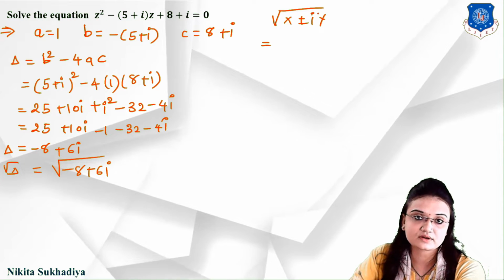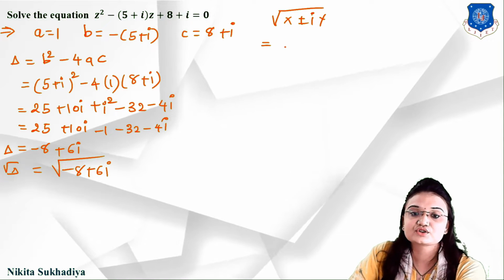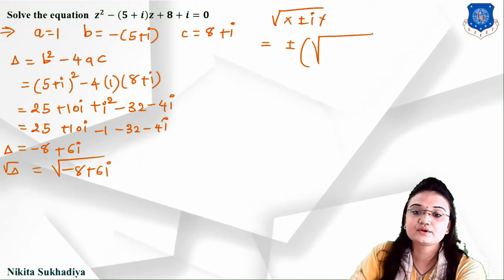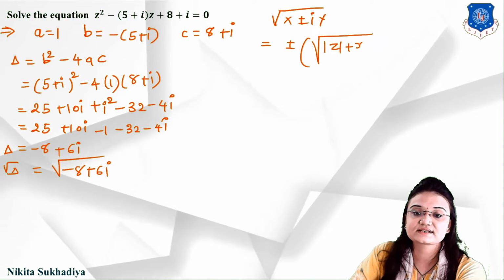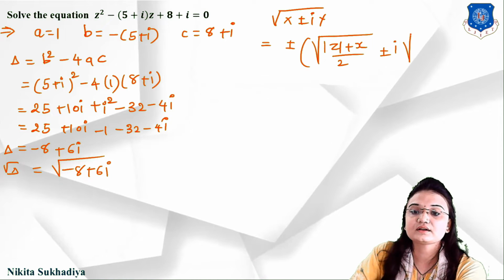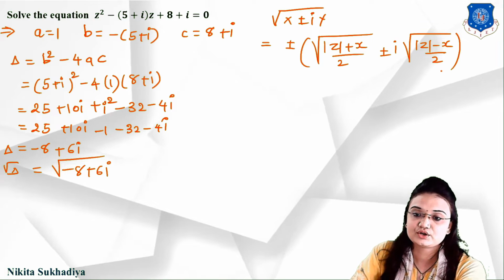The equation is plus or minus, square root of (mod z plus x) by 2, plus or minus i square root of (mod z minus x) by 2.